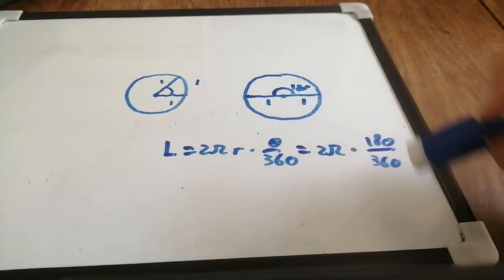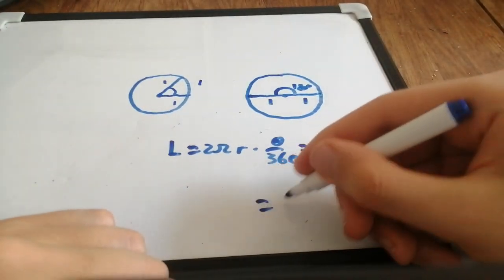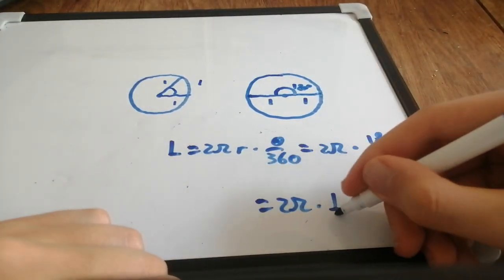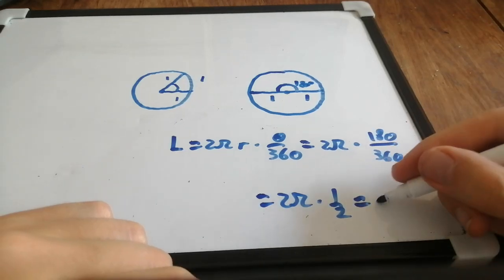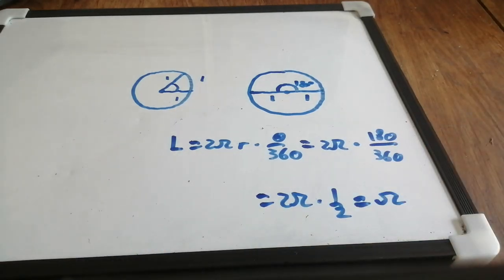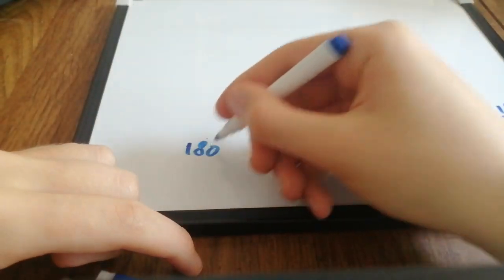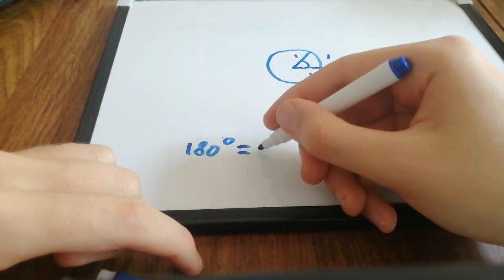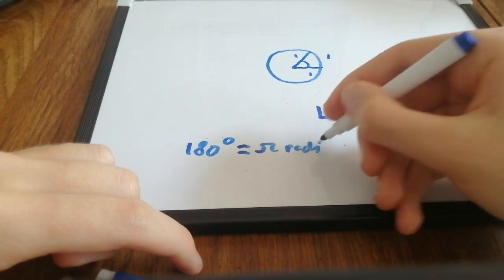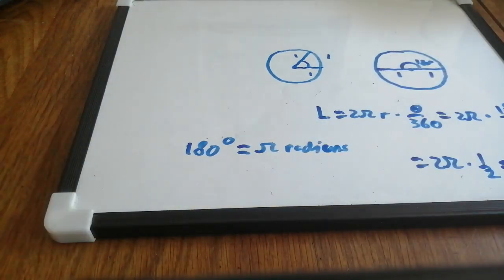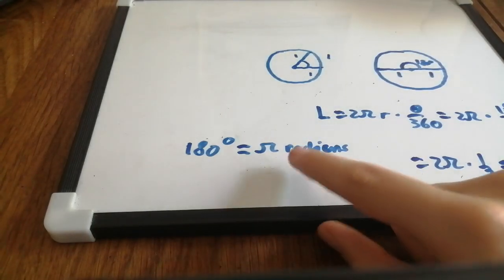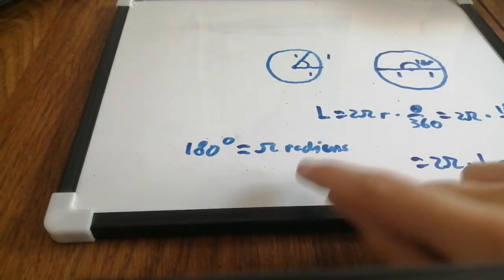And then we can simplify this to a half. So this is going to therefore be 2 pi times a half, which is equal to just pi. And so what this therefore means is that 180 degrees is going to be equal to pi radians. And this is probably the more important. I think 1 radian is equal to 180 over pi is a bit less important than this, which is going to be super important, and you need to absolutely remember this.